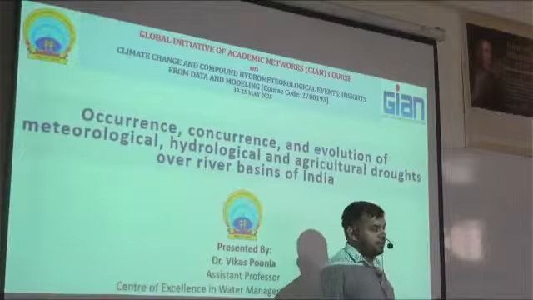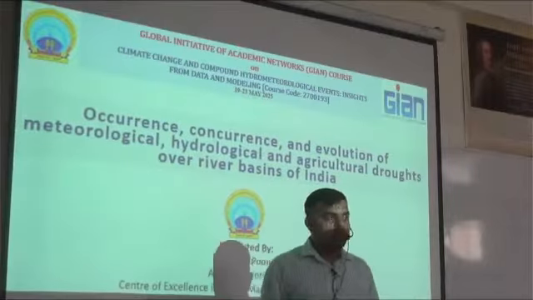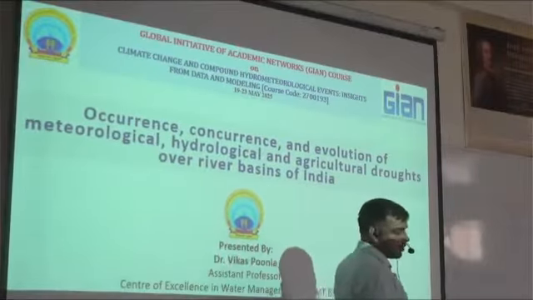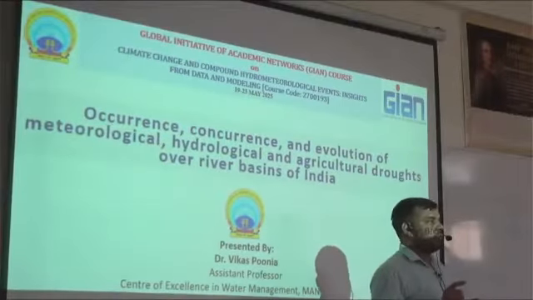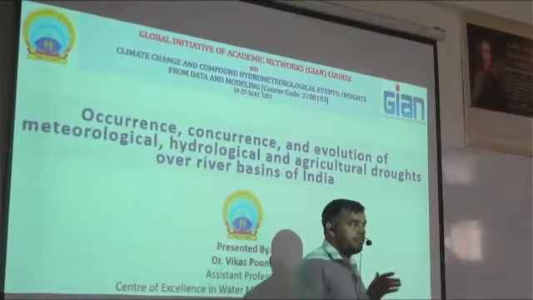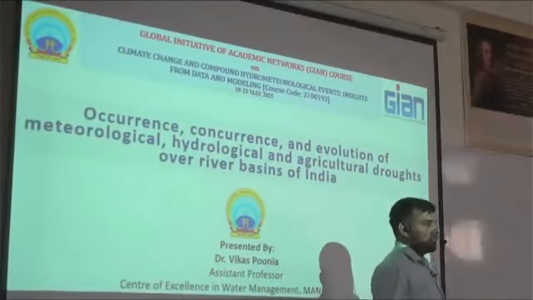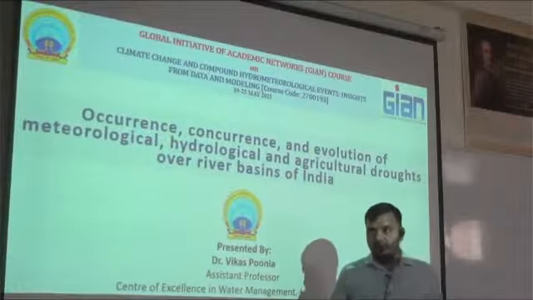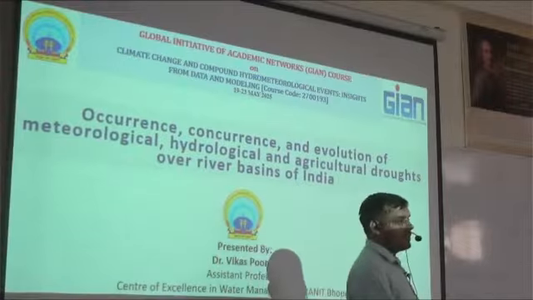In most studies we found that people usually find out the occurrence, distribution and trend of any one drought, like meteorological or hydrological, but we can't say that only meteorological drought is occurring continuously. No, sometimes just after the meteorological, hydrological is occurring, means meteorological plus hydrological drought is occurring simultaneously at the same time.